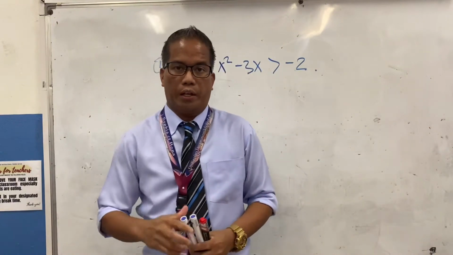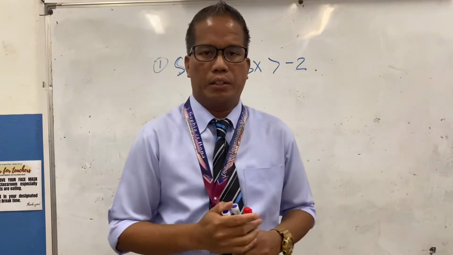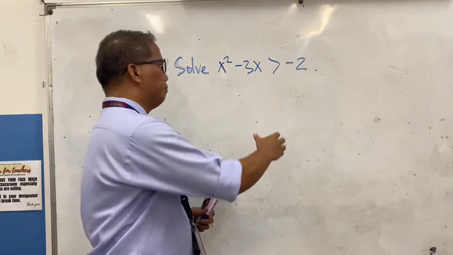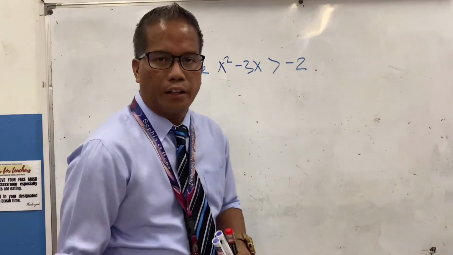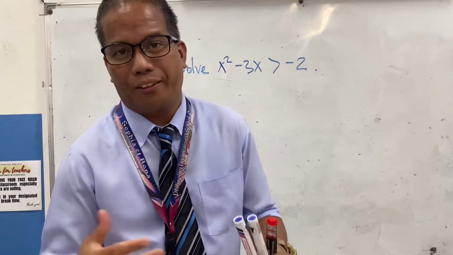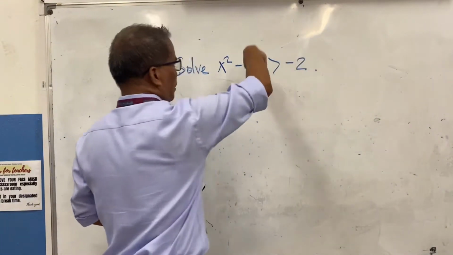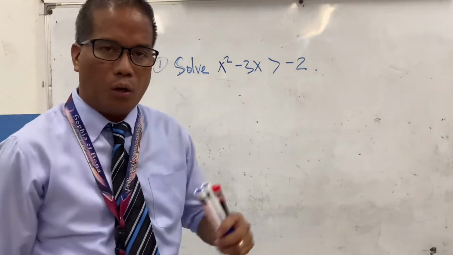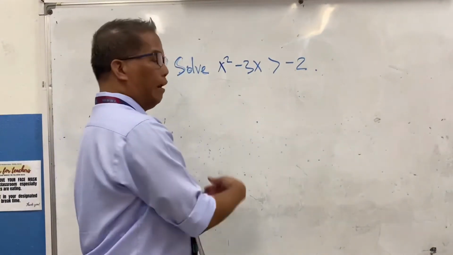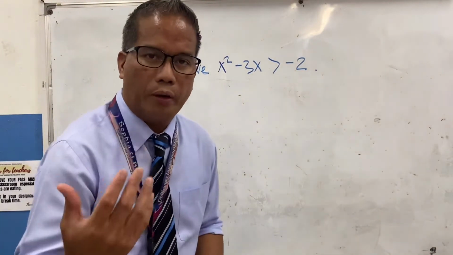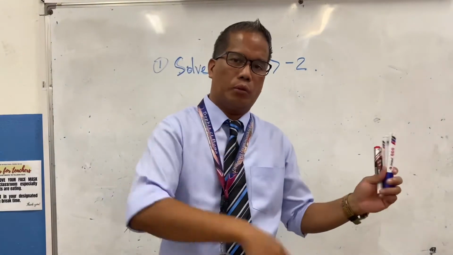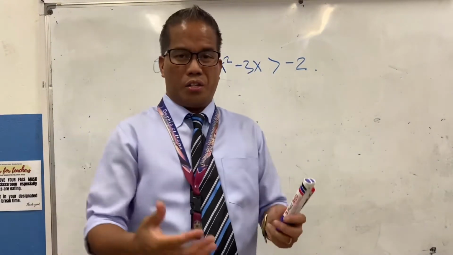If we will solve the quadratic inequalities, first look at the given. It's not yet written in standard form, so we need to rewrite it into standard form by transposing negative 2 to the left side, or simply equating the quadratic inequality to 0.